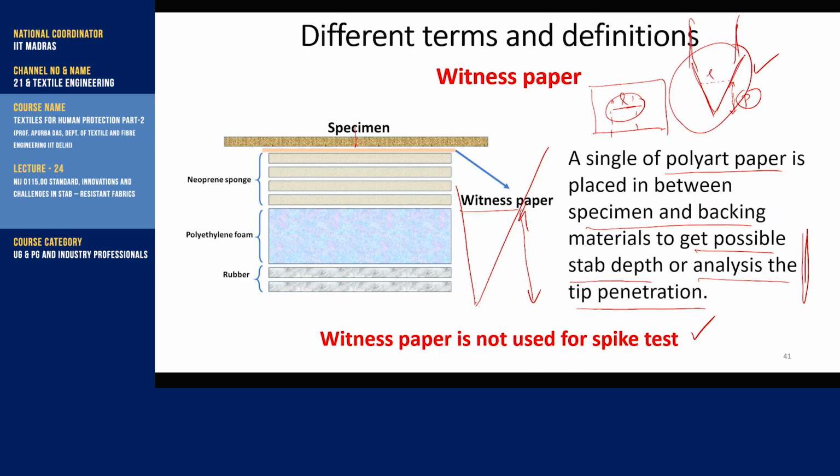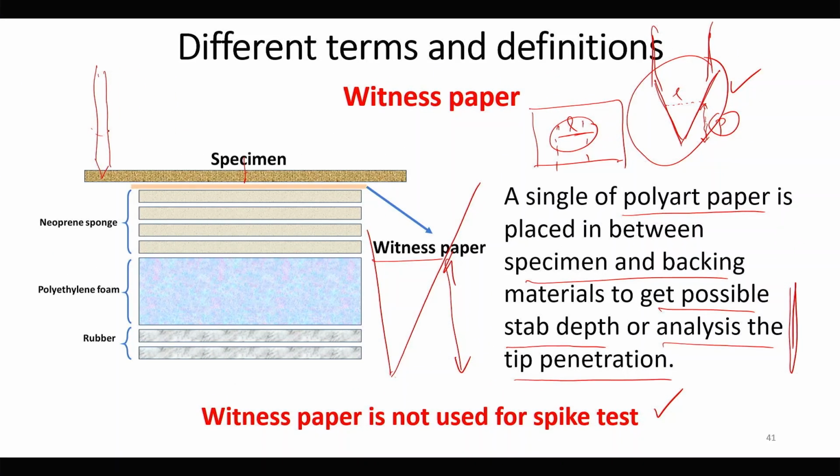But for spike this is not used, because the diameter of the spike is exactly the same, it is cylindrical, apart from the tip at the edge, otherwise it is cylindrical. So, it is used only for knife, and this is used to get the stab depth.